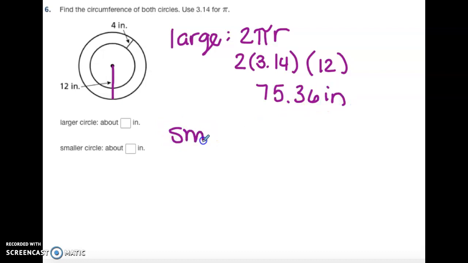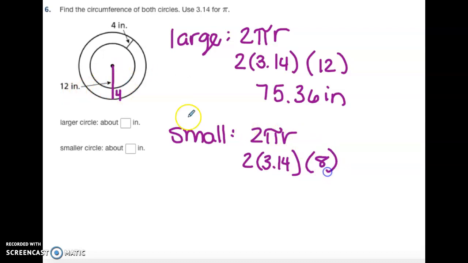And then the smaller circle, again, 2 times pi times the radius, so 2 times 3.14. Now, what is the radius of the smaller circle? Well, it's just this little piece, and this tells us that this outer piece is 4 inches, so we want 12 minus 4. The radius is 8. So this piece right here is 8 inches. So the smaller circle is 50.24 inches.